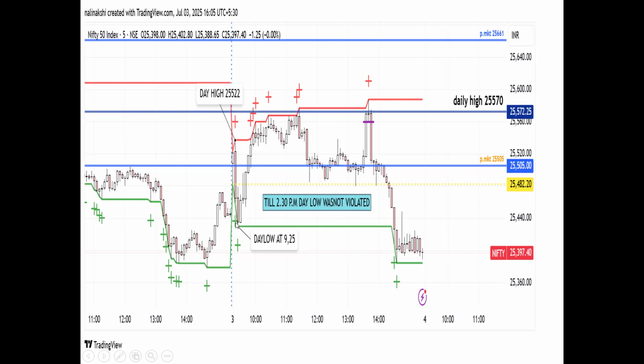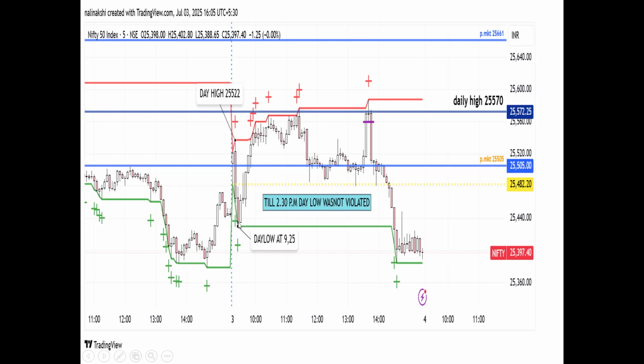That means the market found its support. Then the market started reversing from this level. Big players started defending this level because they had already taken control over the market yesterday itself.